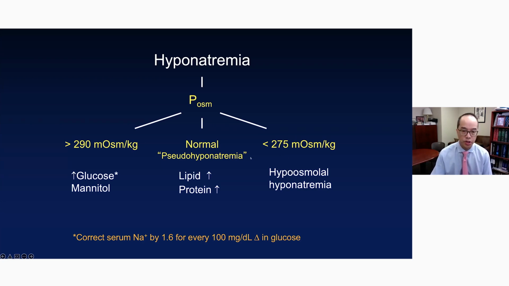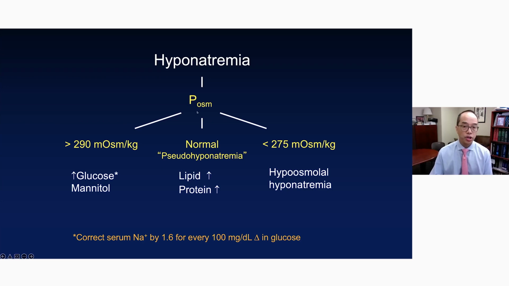If the plasma osmolality is normal, then this is probably pseudohyponatremia, a lab artifact that can occur in patients with very severe hyperlipidemia or hyperproteinemia, perhaps only if their sodium is measured by indirect potentiometry. In other words, the serum is diluted before it's measured.